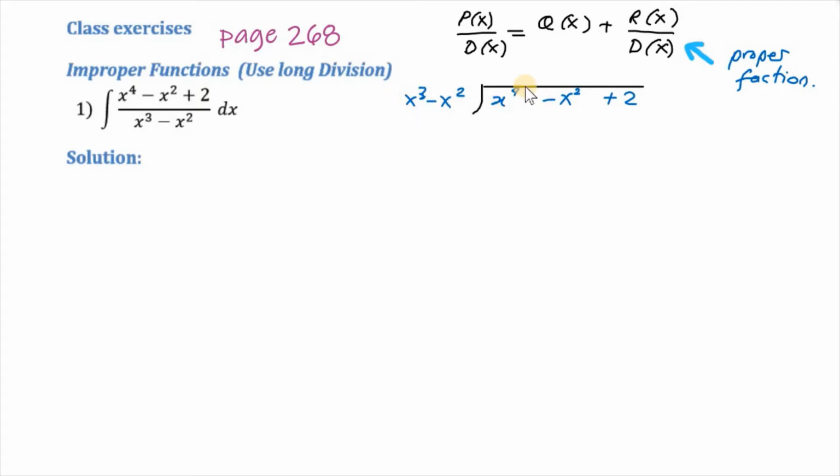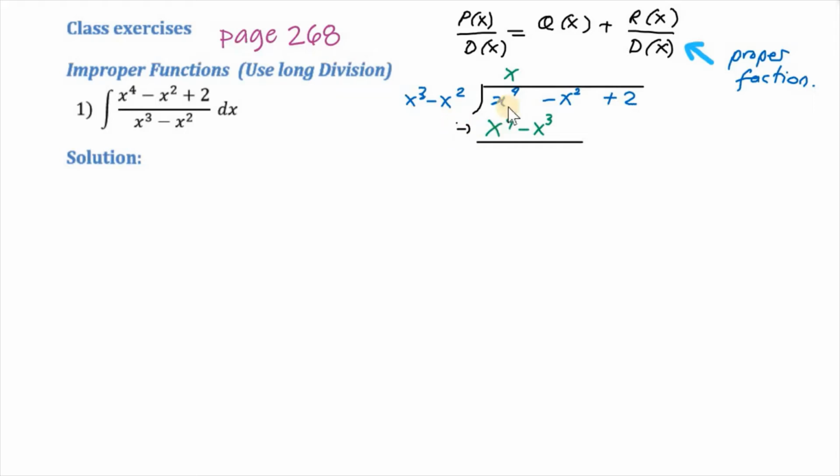So what times this so that we can get rid of the x to the power 4? We have to have x, because x times x cubed is x to the power 4. And the same thing, x times negative x squared, we get negative x cubed.